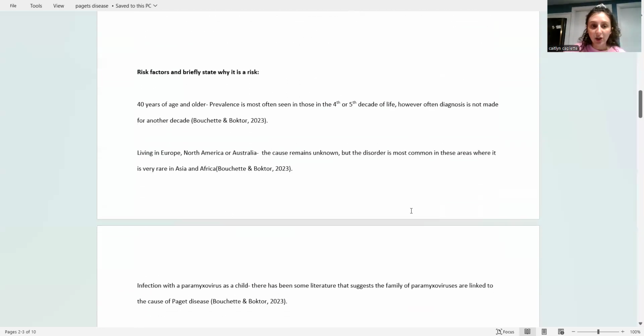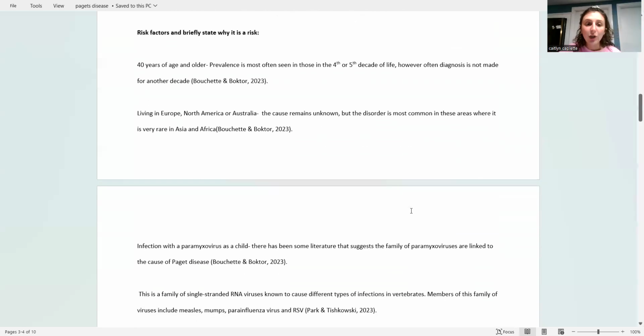Some risk factors include being 40 years of age and older, just because that's typically when the disease is found and occurs. And often the diagnosis is not made for another decade. Also, living in Europe, North America, or Australia. The cause of Paget's is still unknown, but it is more prevalent in these areas, and it's very rare in areas such as Asia and Africa.